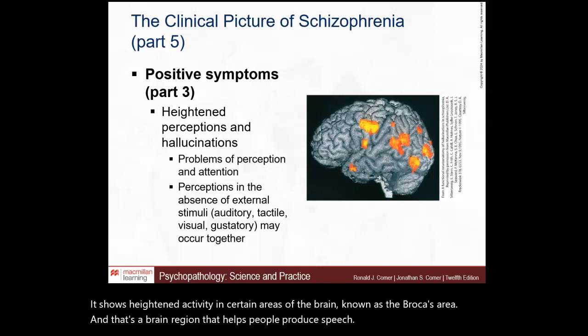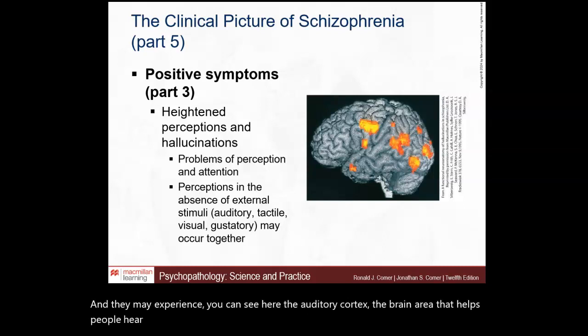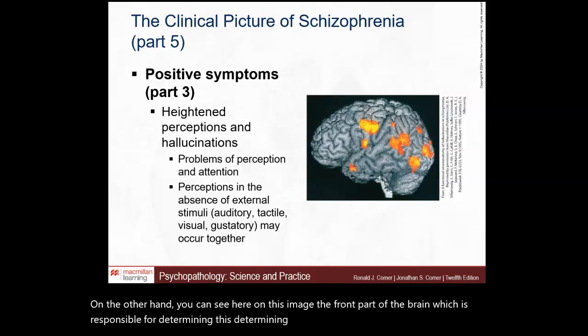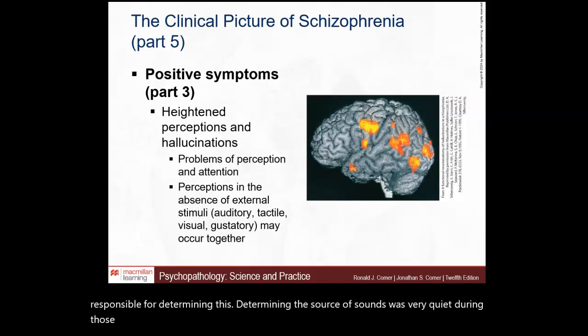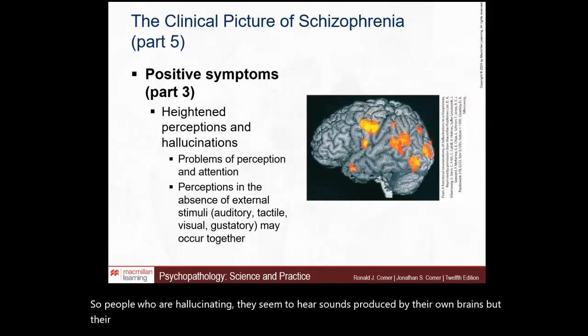And they may experience, you can see here, the auditory cortex, the brain area that helps people hear sounds. On the other hand, you can see here on this image the front part of the brain, which is responsible for determining the source of sounds, was very quiet during those hallucinations. So people who are hallucinating, they seem to hear sounds produced by their own brains, but their brains cannot recognize that the sounds are actually coming from within.